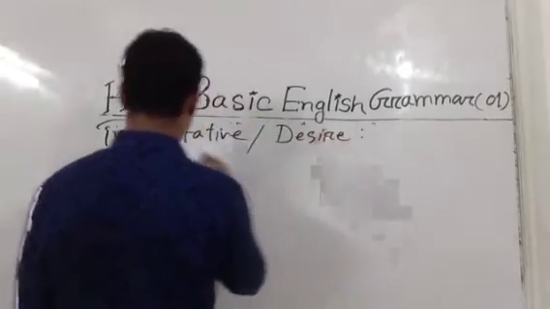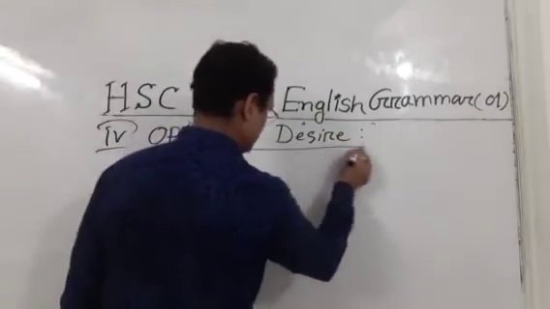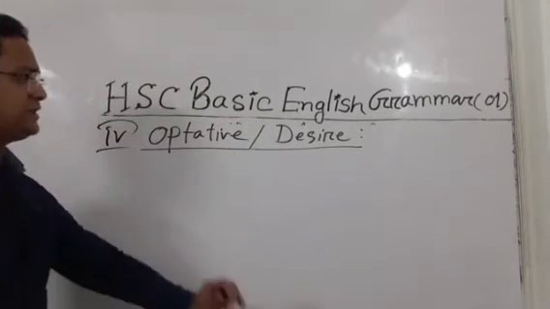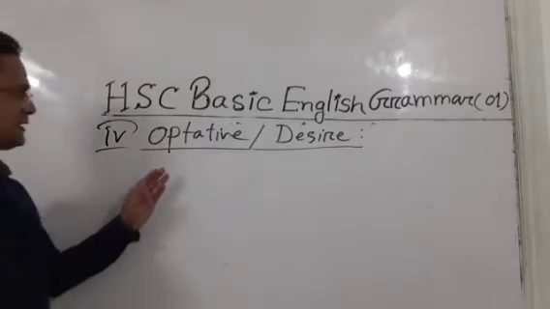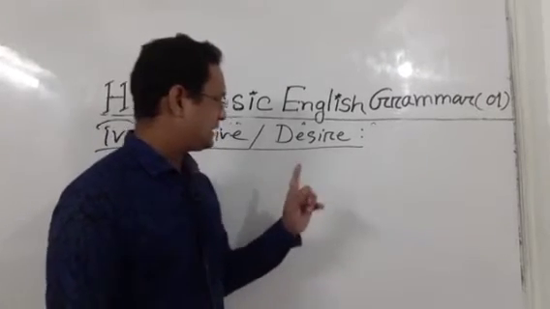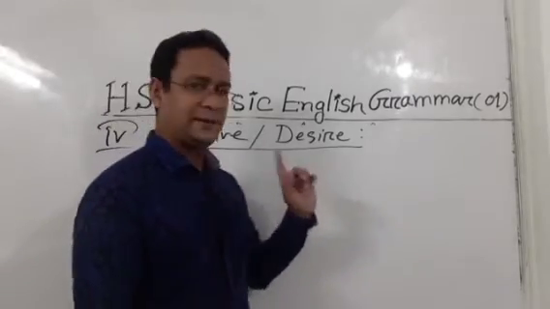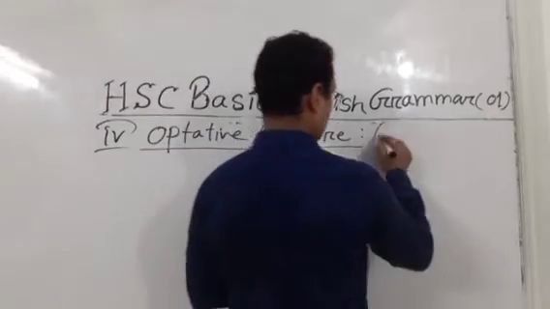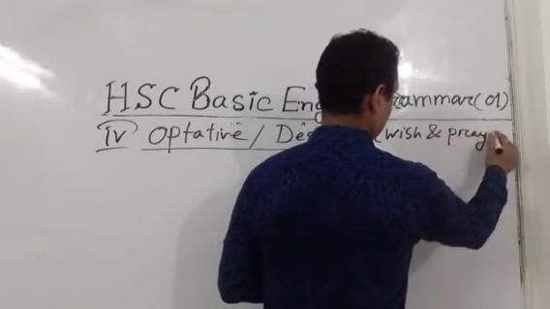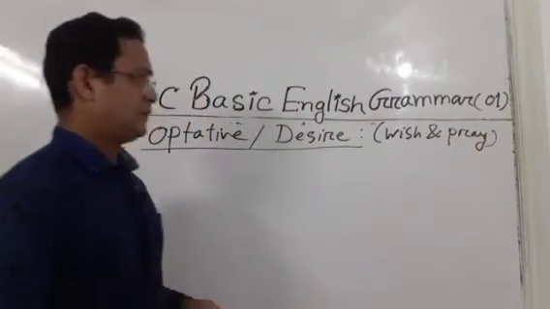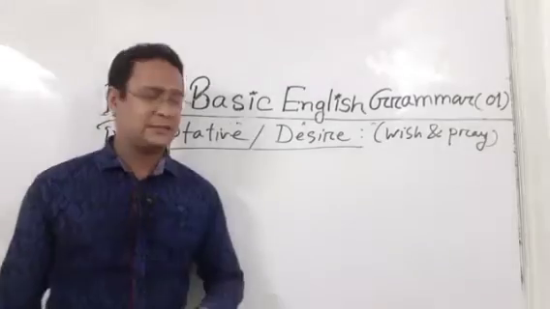The sentence which expresses desire, that means wish or pray, is called optative sentence. This optative sentence has two characteristics: wish and pray. Wish, something like, happy birthday to you, is a wish.